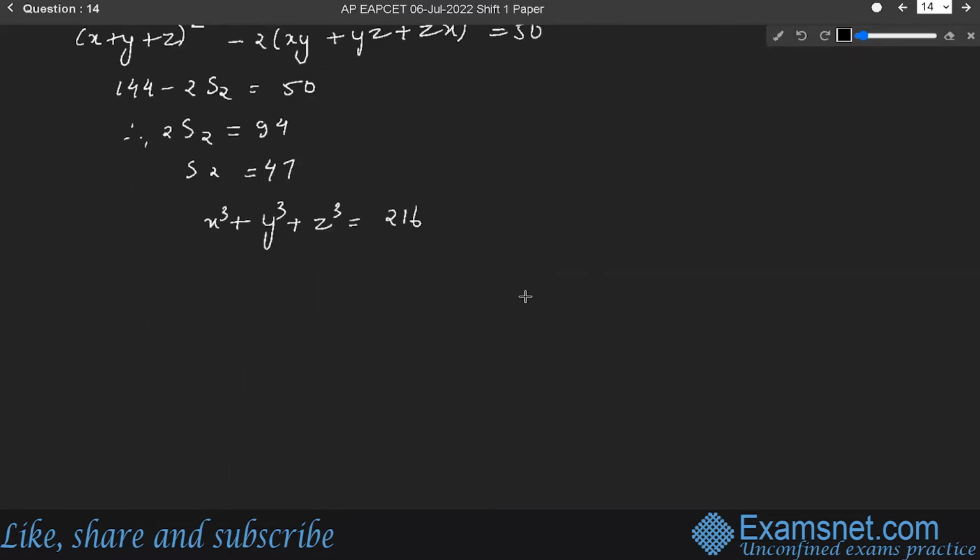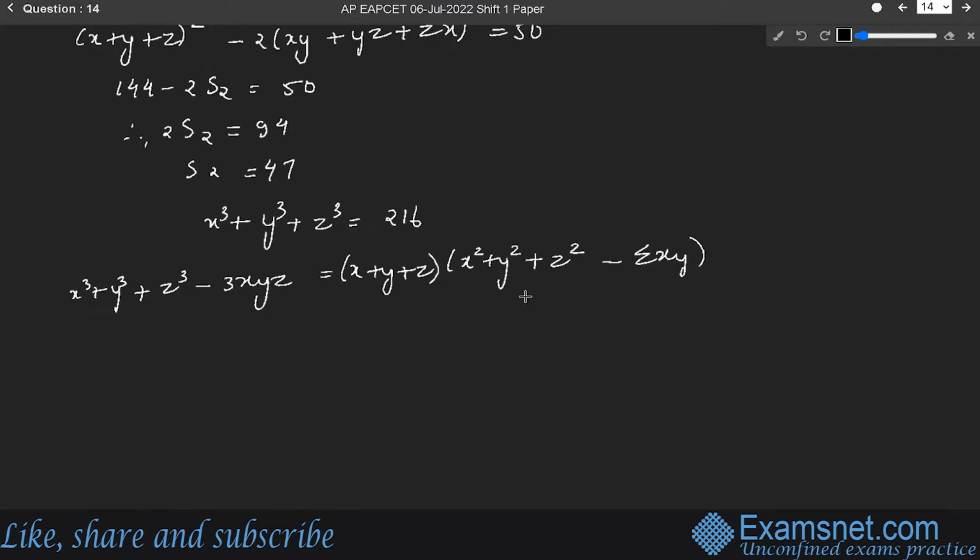But we know that x cube plus y cube plus z cube minus 3xyz is equal to (x plus y plus z) into (x square plus y square plus z square minus summation of xy), or we can say that 216 minus 3s3 will be equal to 12 into (50 minus 47), which is equal to 36, or 216 minus 36 will be equal to 3s3. Therefore, s3 will be equal to 60.